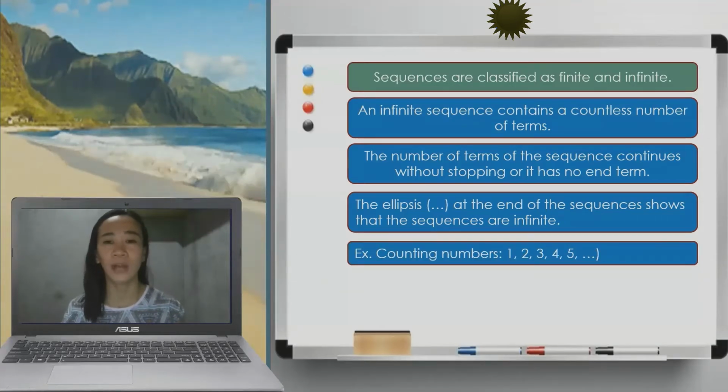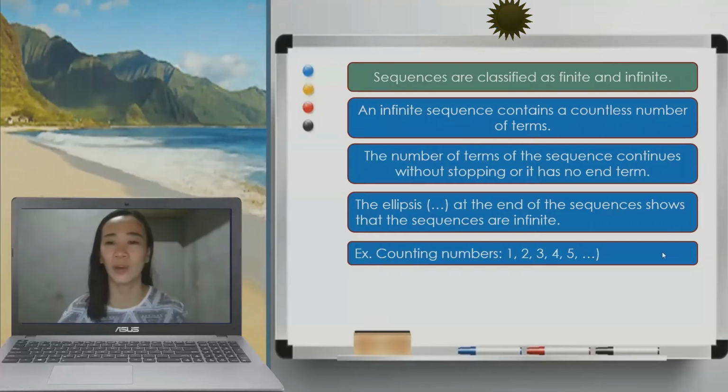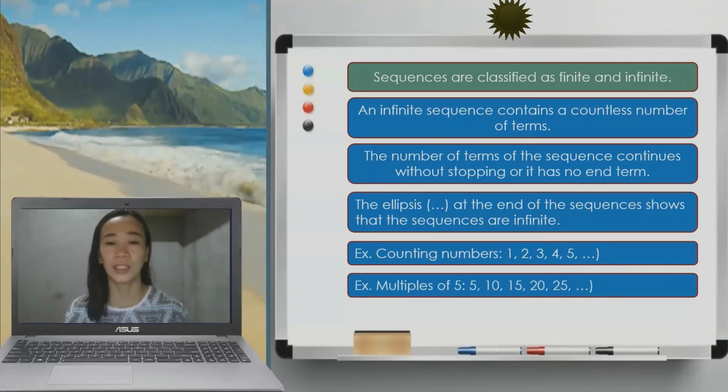Sequence of counting numbers: 1, 2, 3, 4, 5, and then up to infinity. We have here the ellipsis. Another example is multiples of 5. That will be 5, 10, 15, 20, 25, and so on up to infinity.